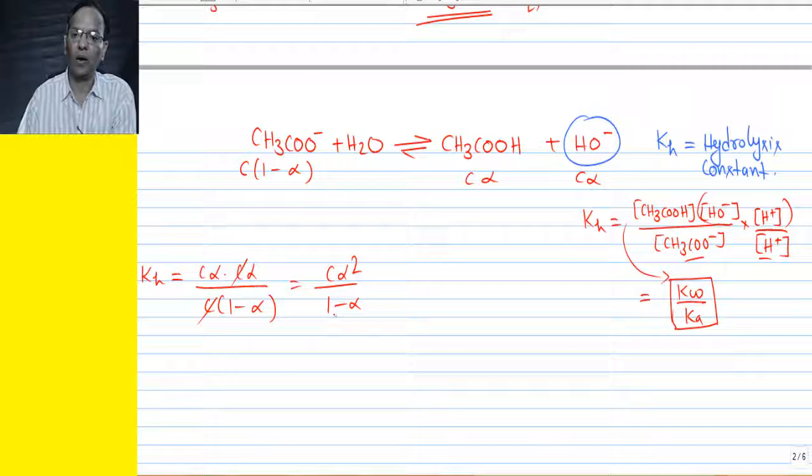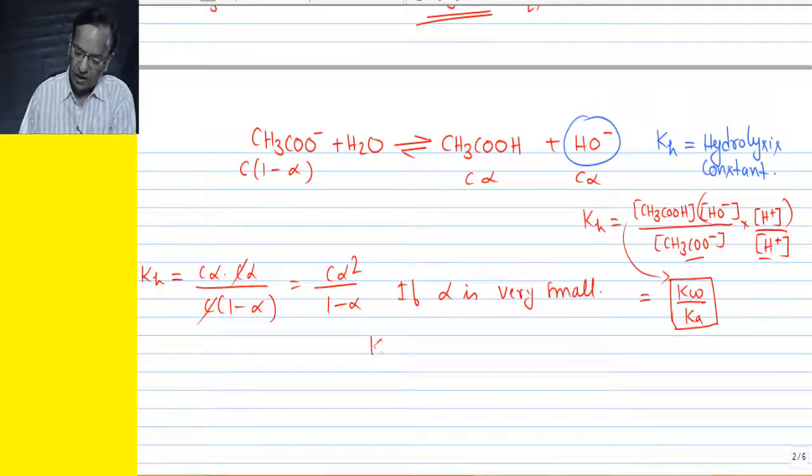Again, we work out the same approximation as we use in case of weak acid and weak base, that if alpha is very small, then Kh will be equal to C alpha square upon 1.